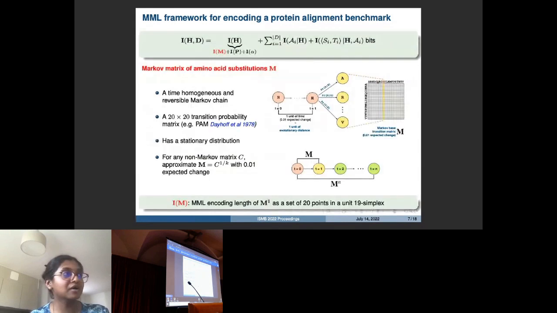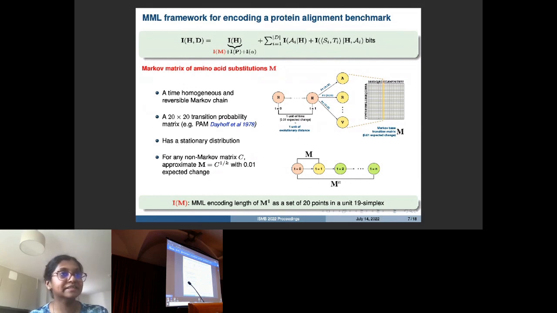If you take the Markov matrix, this is actually a 20 by 20 transition probability matrix. The well-known example is the historic PAM matrix by Margaret Dayhoff and colleagues published in 1978. This matrix allows us to define some evolutionary time unit, and typically this is taken as an expected change of 0.01 in the amino acids overall.